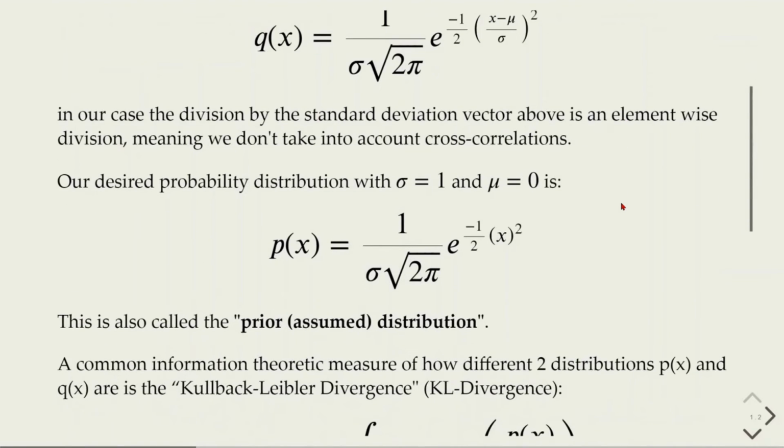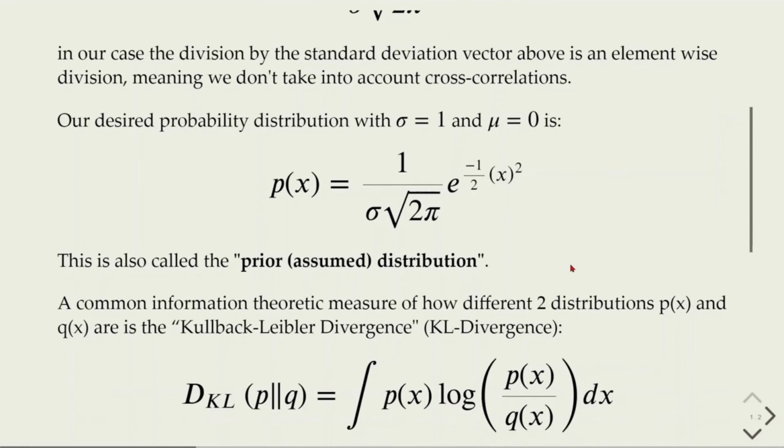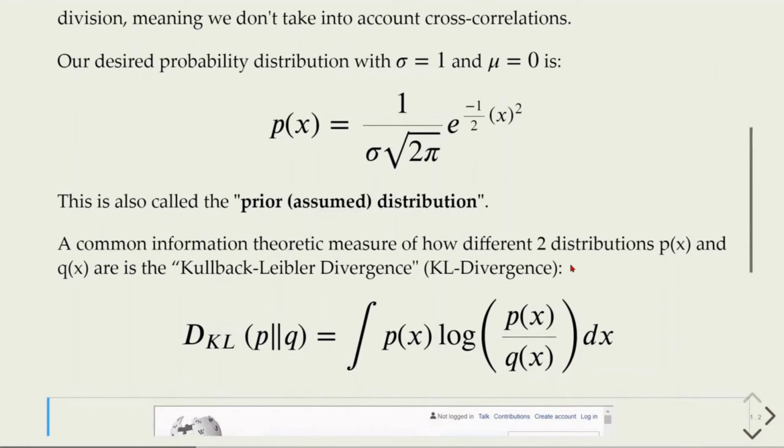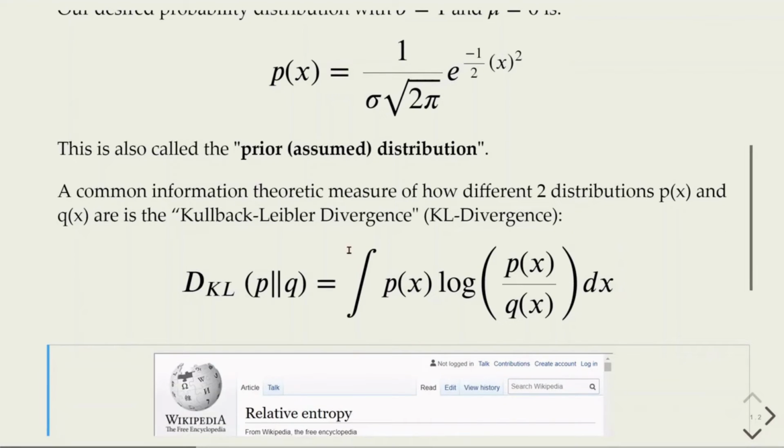Our desired probability distribution with sigma equals 1 and mu equals 0 is given here. This is also called the prior distribution or the assumed distribution. A common information theoretic measure of how different two distributions P of x and Q of x are is the Kullback-Leibler divergence, or the KL divergence, and it's given by this equation here.